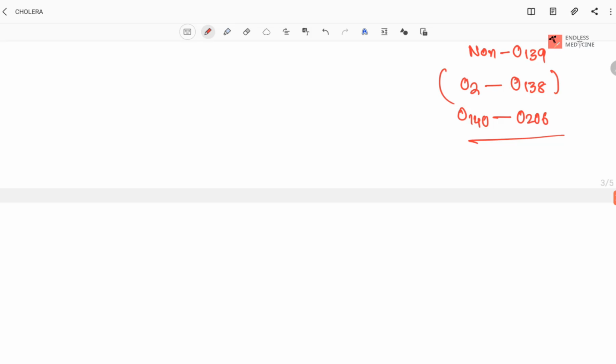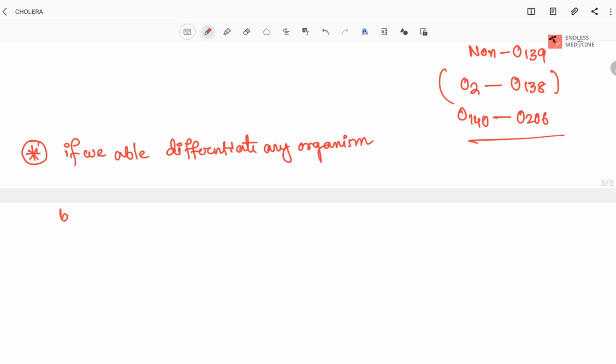Now an important concept: if we are able to differentiate any organism by its biochemical property, it is known as biotypes.